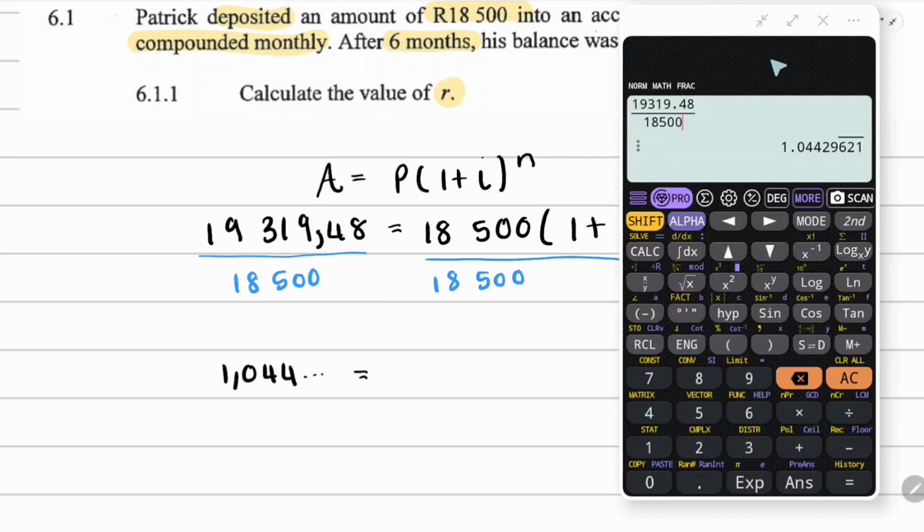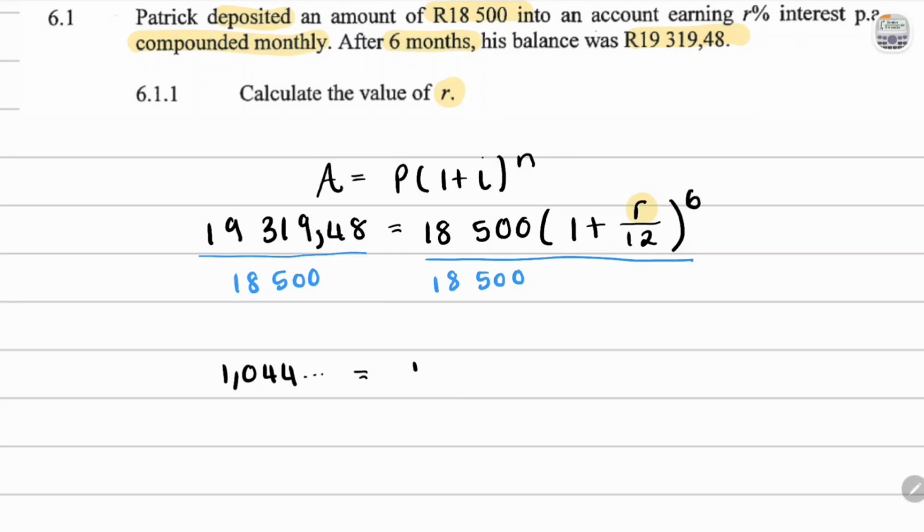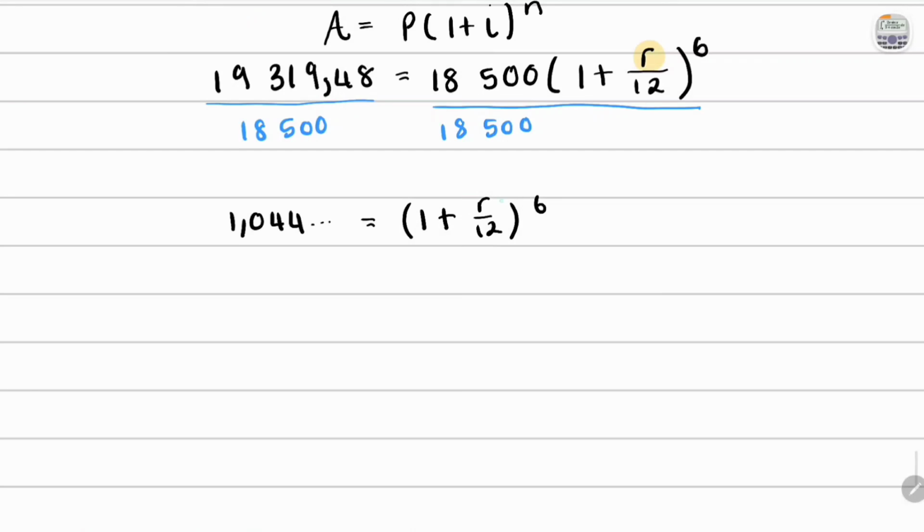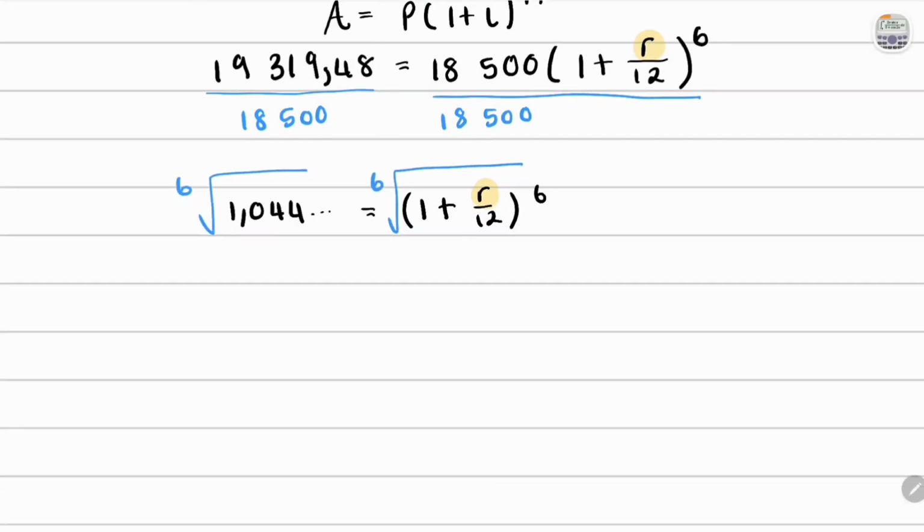So it's equal to, and then we're left on this side with 1 plus R over 12 raised to the power of 6. Okay, getting closer to the R. The next thing that will be stopping us from getting closer to R would be the 6. So we need to get rid of that power of 6, and we can do that by finding the 6th root. So we'll have to do that on both hand sides of this equation.